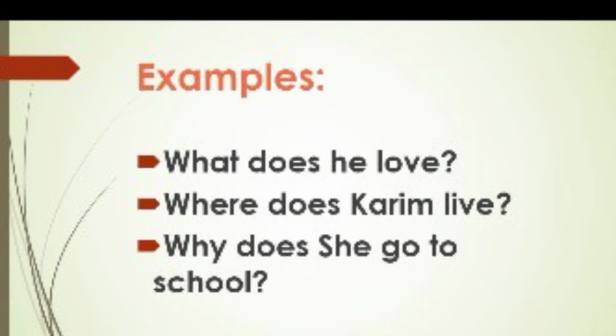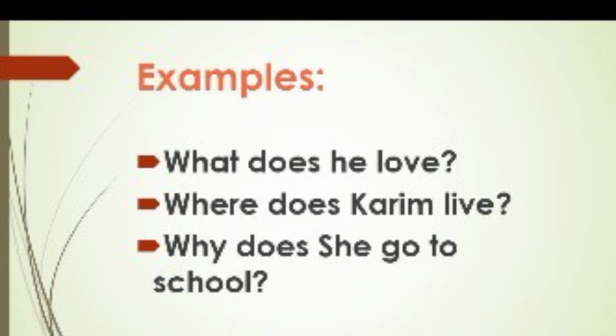Examples. What does he love? So here at first the WH question word what is written, then does is added, then the subject he is written, and at the end verb 1 is written down, and finally you have to put a question mark. Then where does Karim live?